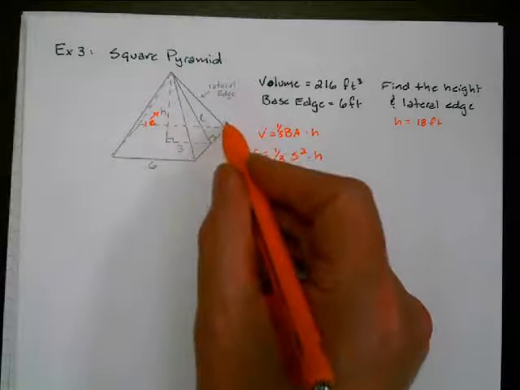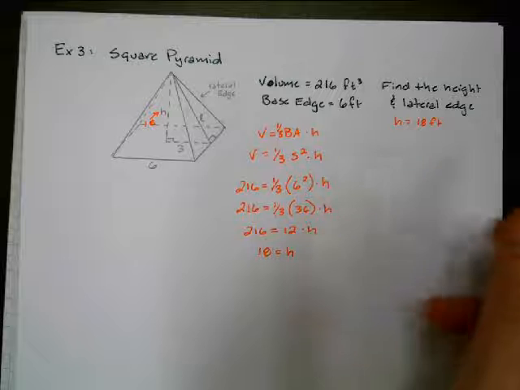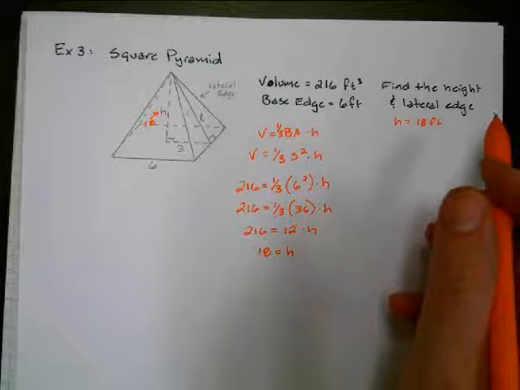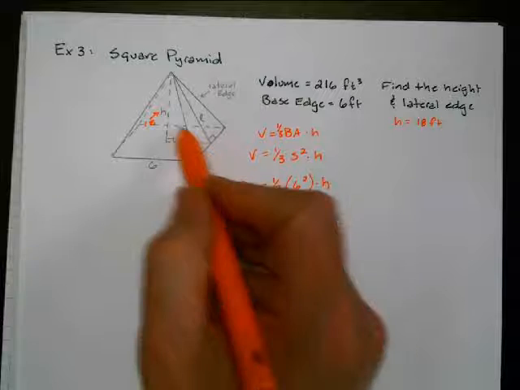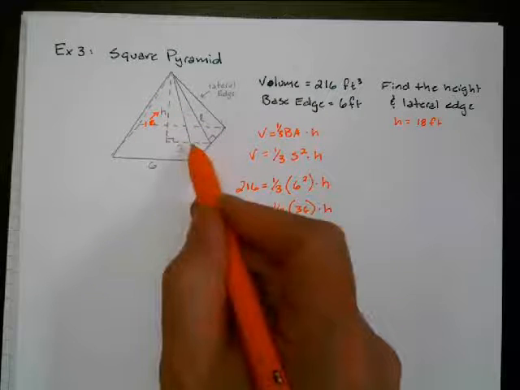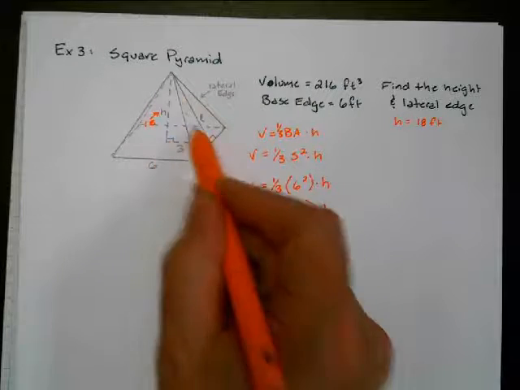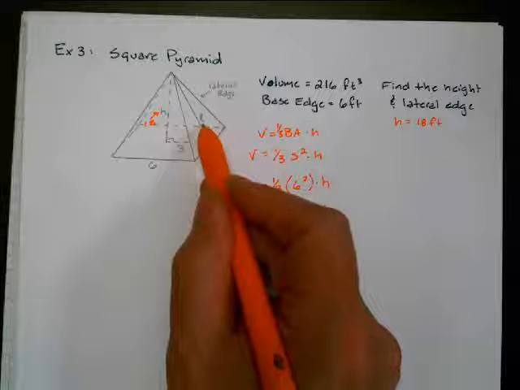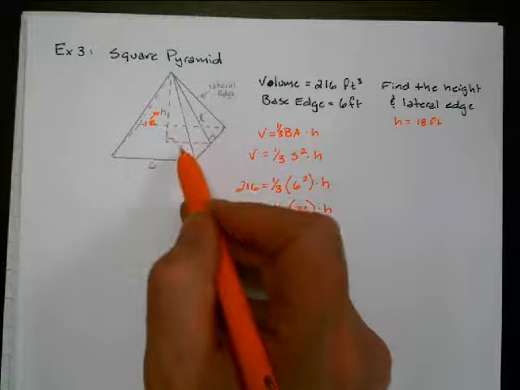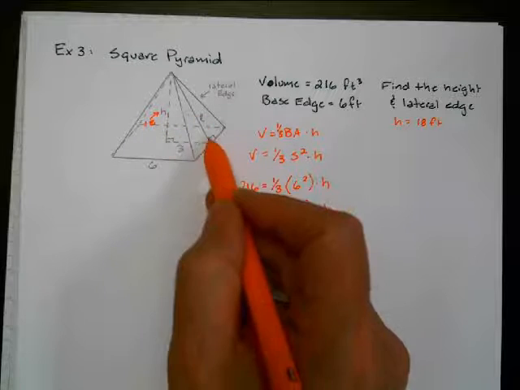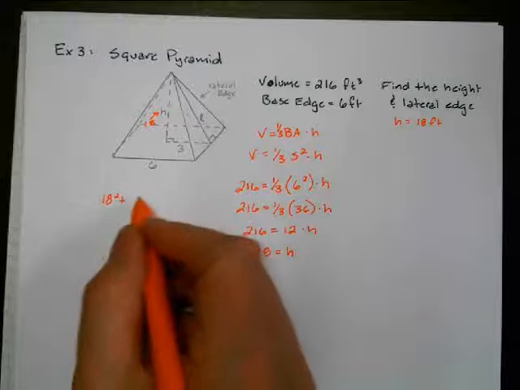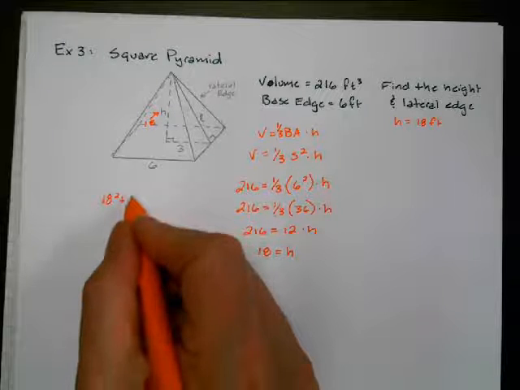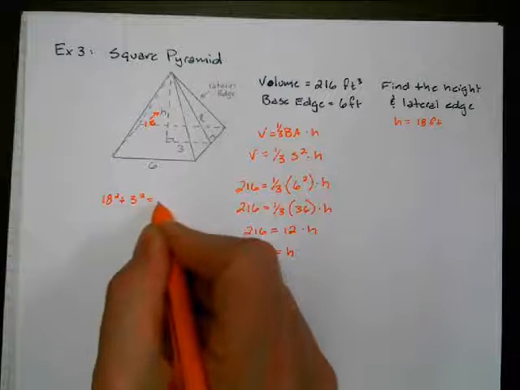And so here's what we can do to find that. I know that if I solve the Pythagorean theorem here, I can find the slant height, the lateral height right there. So I'm going to do 18 squared plus 3 squared equals the lateral height squared.